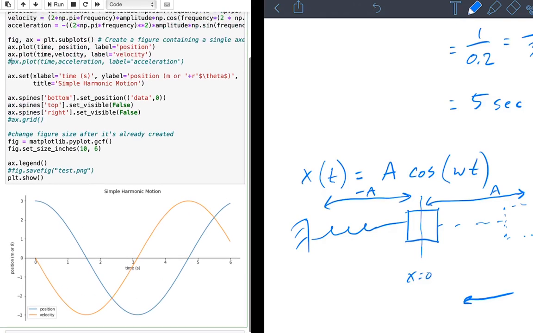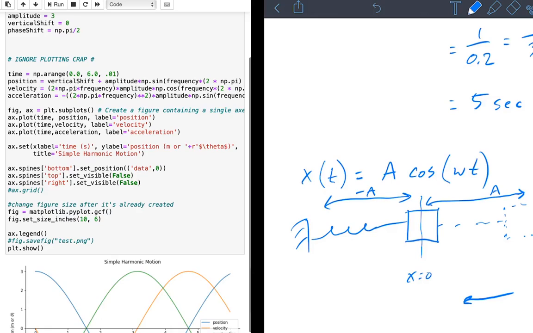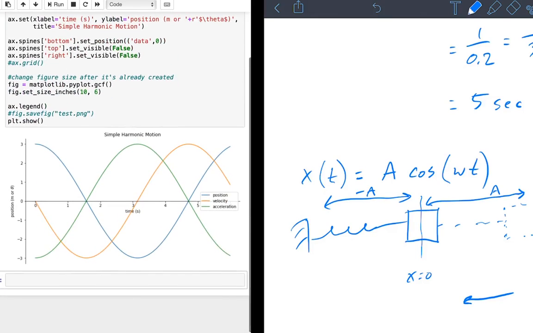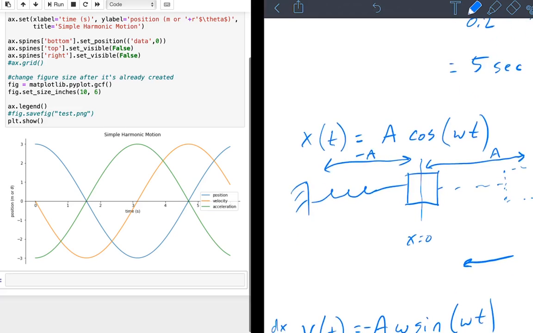So our acceleration graph is going to look like this, the green. So now if omega changed every time, so if our frequency was 1, these amplitudes on this graph would go up by a factor of 2 pi every time, because omega is 2 pi f.